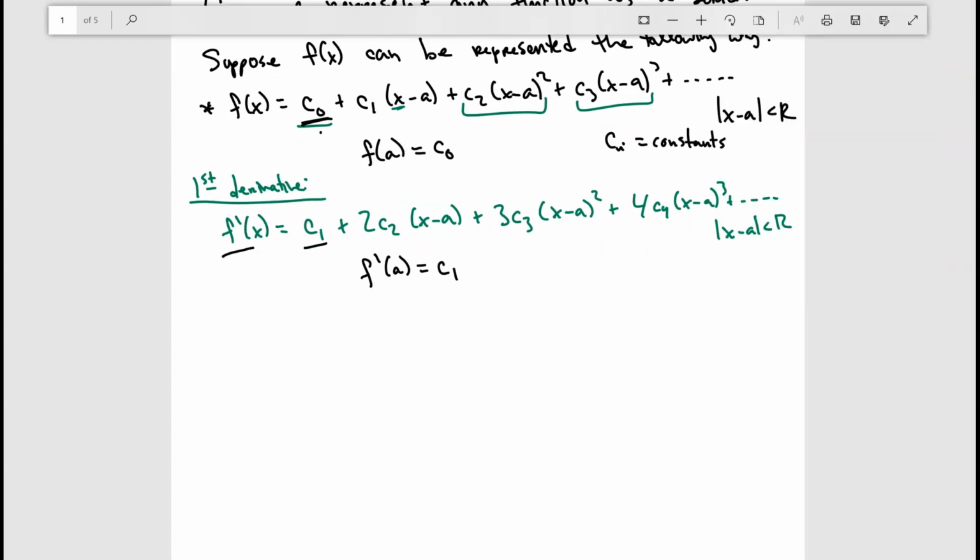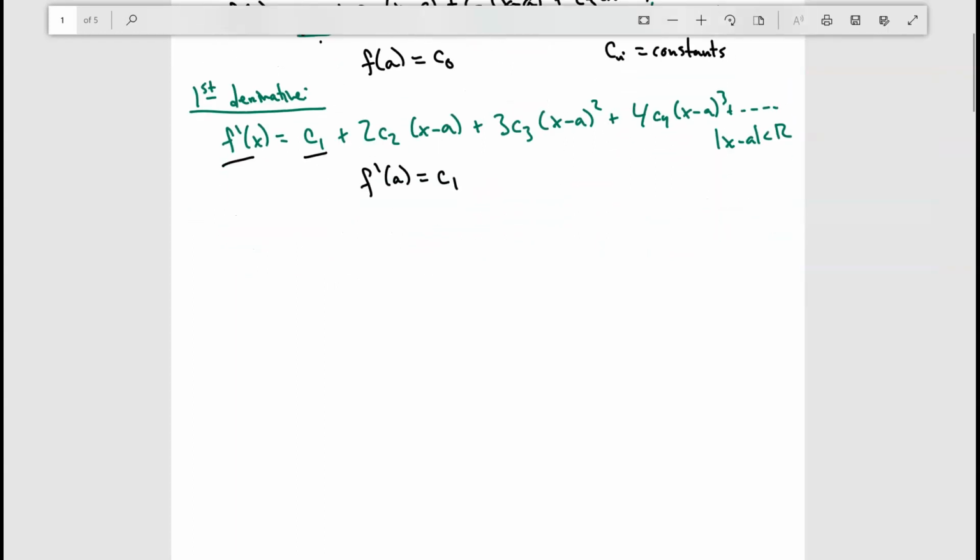Okay, so now we're going to take the second derivative. What I'm going to get is f double prime of x. I take the derivative of c1, and that's just going to give me 0. The derivative of the next term is just going to be 2c2.